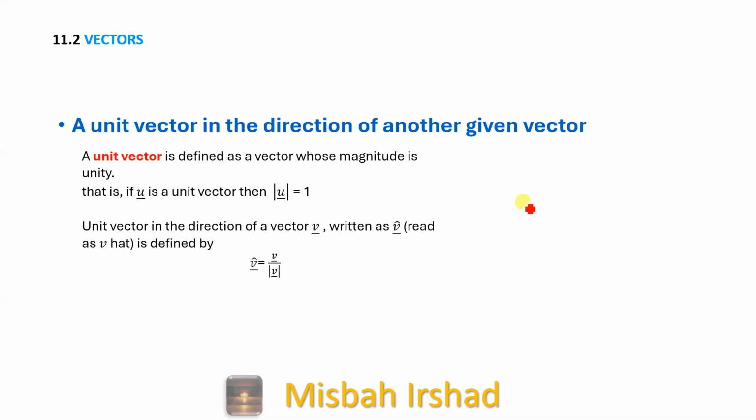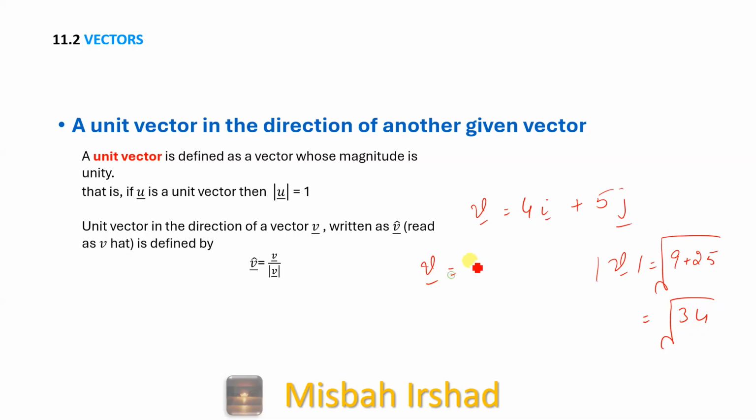For example, if we have 4i plus 5j, this is not a unit vector because its magnitude is not equal to 1. So let's find out its magnitude. It is equal to square root of 16 plus 25, which is square root 41.